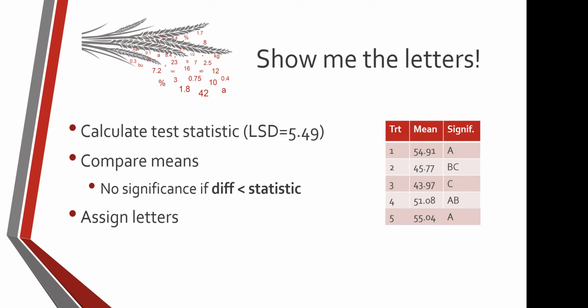So here we can say that there is evidence that treatments 2 and 5 differ because there is no letter in common, but there is no evidence of a difference between treatments 4 and 5, since they both have the letter A.